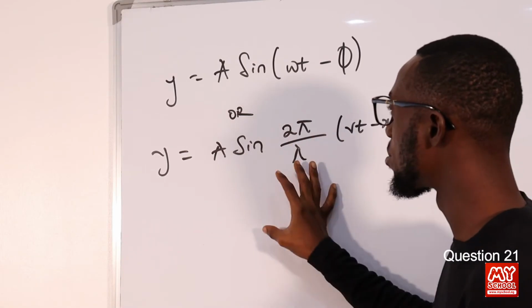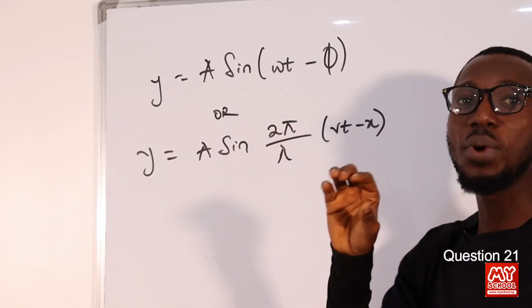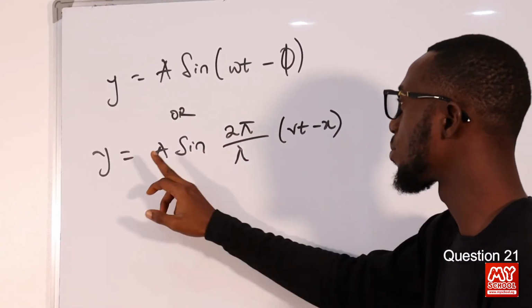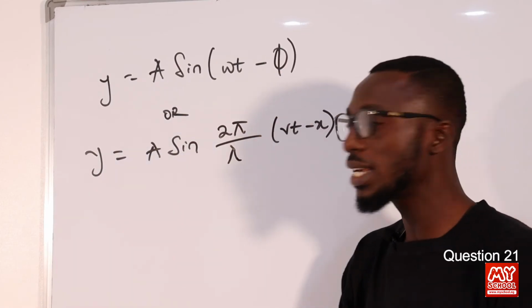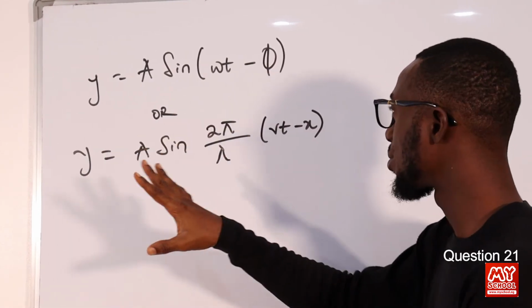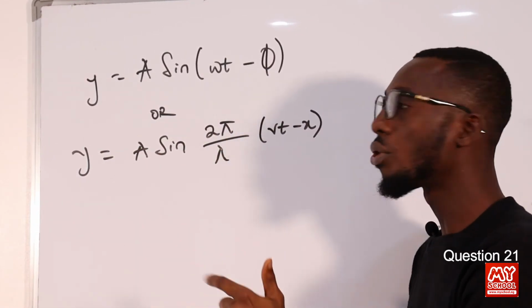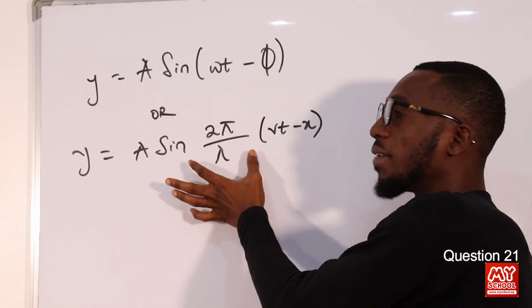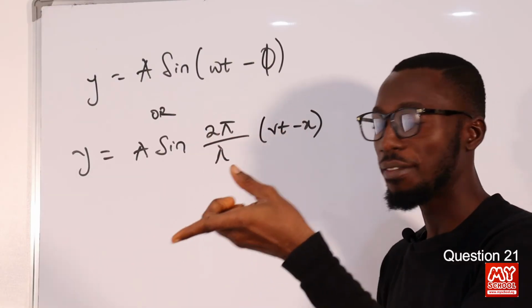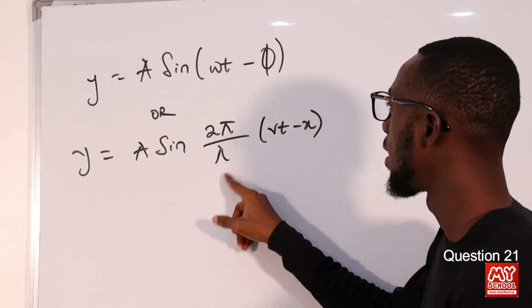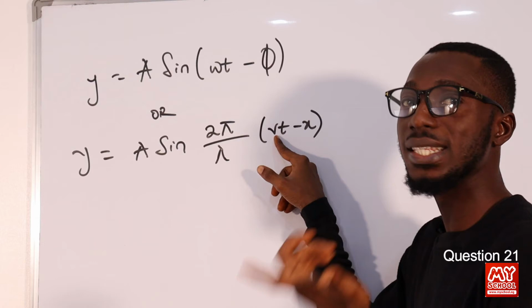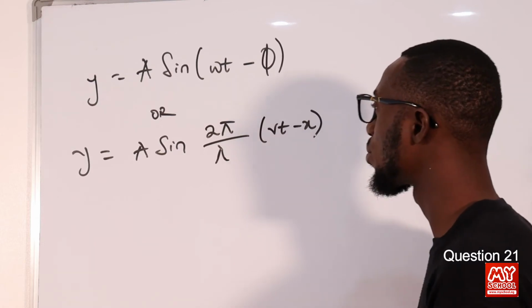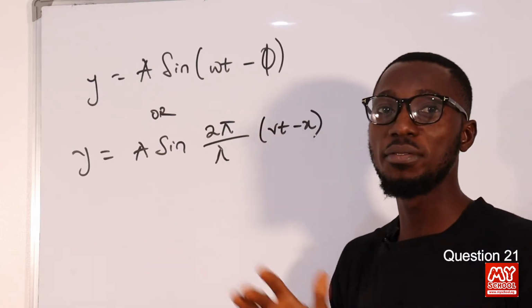So if we use this equation to identify the parameters given, this is your amplitude, given as 15. Then we have your sine, which is also present. Then we have your 2π over the wavelength. You can see the wavelength here, given as 5 from the question, 2 over 5. Then this is your V, given as 60t minus x. So your wavelength is 5 without solving anything.